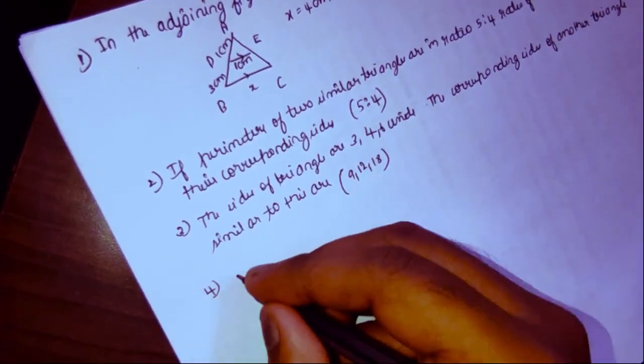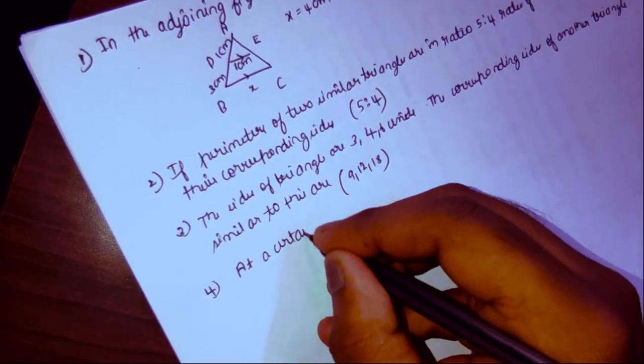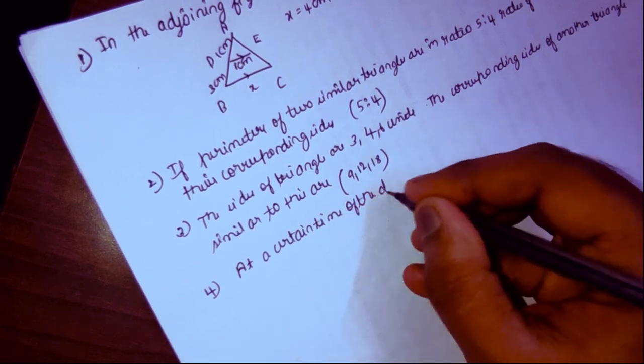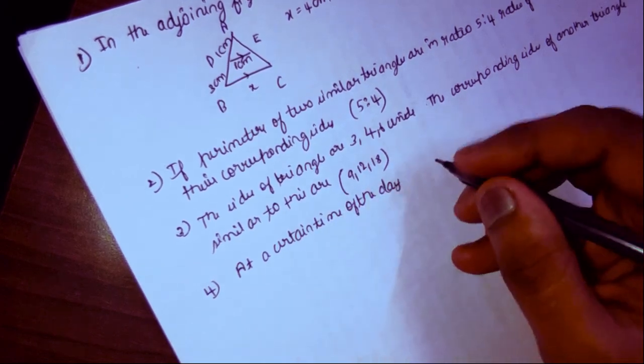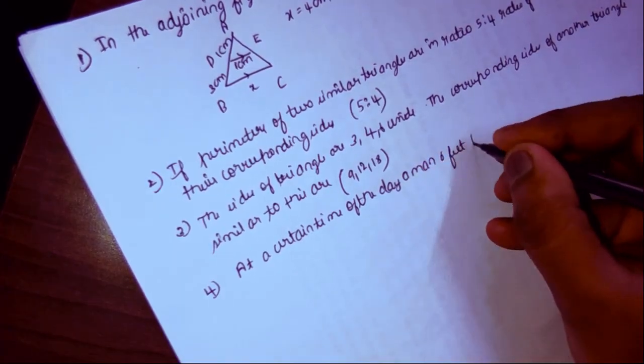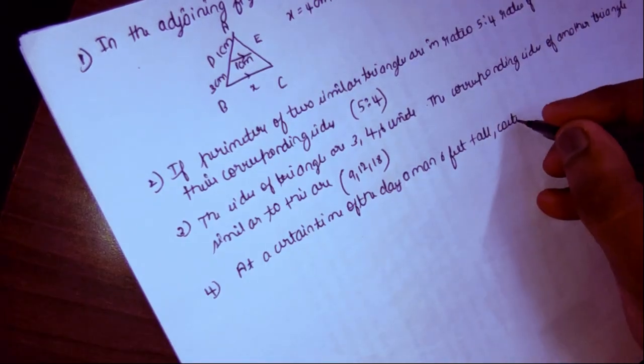Fourth one. At a certain time of the day, a man 6 feet tall casts his shadow 8 feet long.